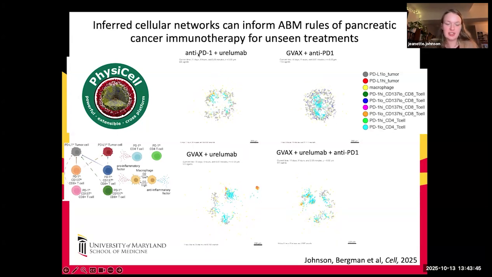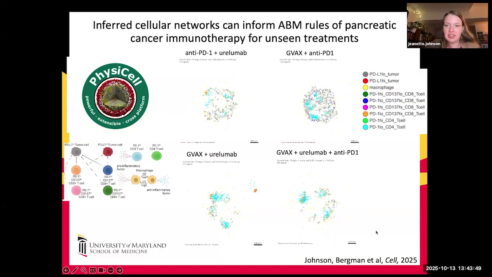So this is each 2 paired together and then all 3. If we assume we can influence the correct targets, this predicts better immune response with the triple combination therapy in this simulated patient.